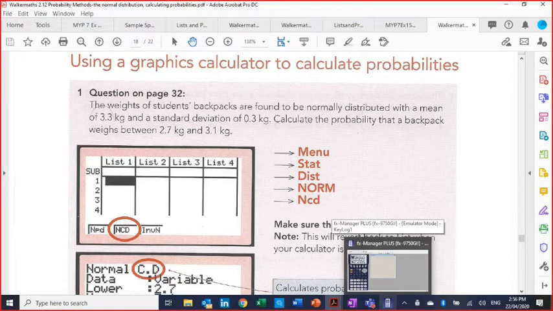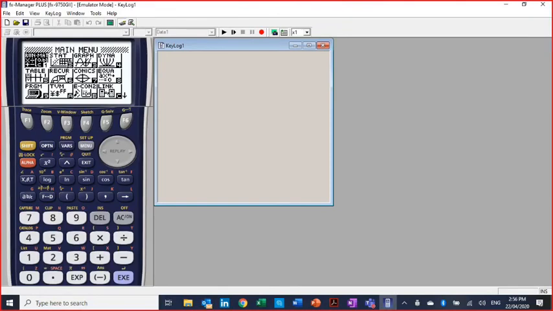Okay? So let me show you first of all how to get to the screens that we need and then the keystrokes that you're going to have to use in order for this to work. Oops, I can't write on the screen and use the calculator at the same time. First thing is that the default setting for your calculator is always the math setting.